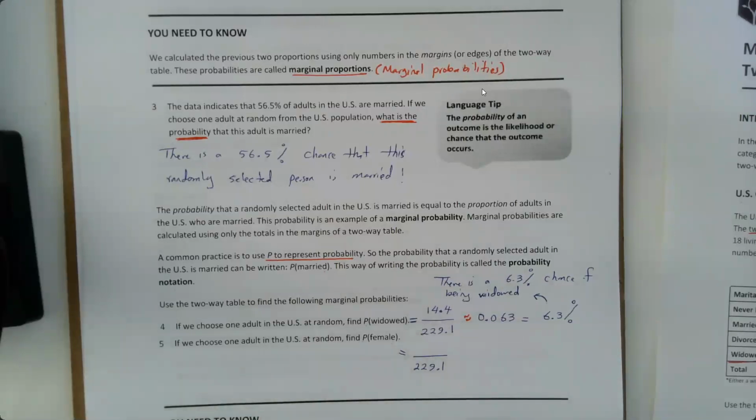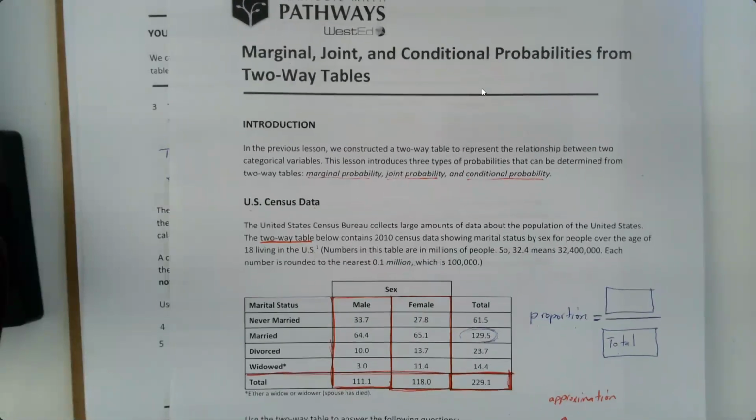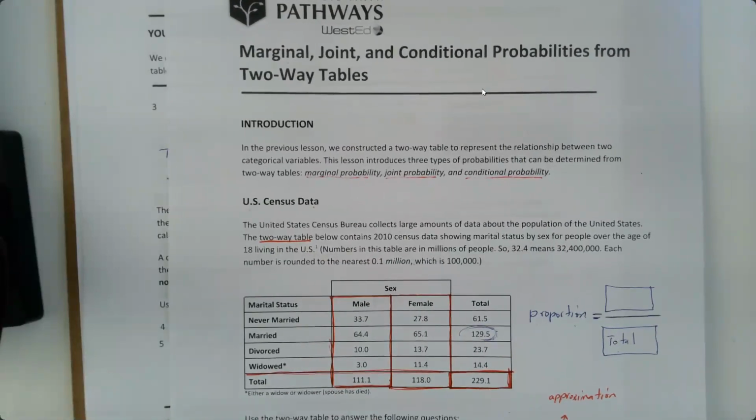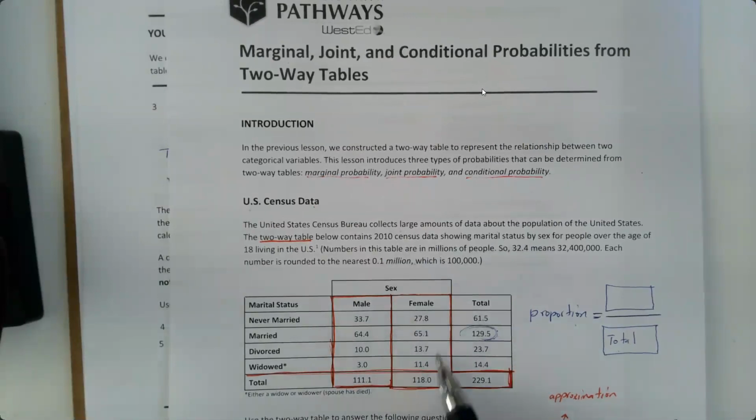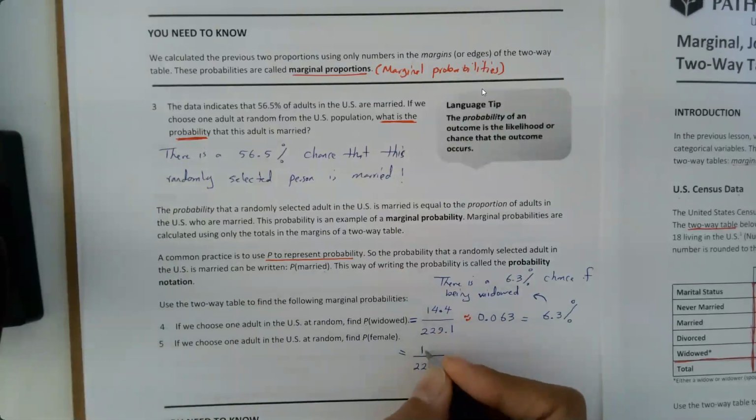But what goes on the numerator? How many females do we have? The total number of females in our population is 118. 118 goes on the numerator.